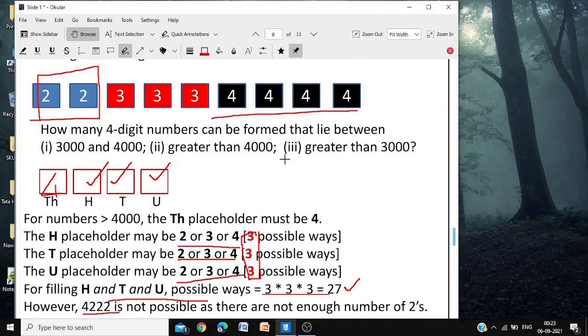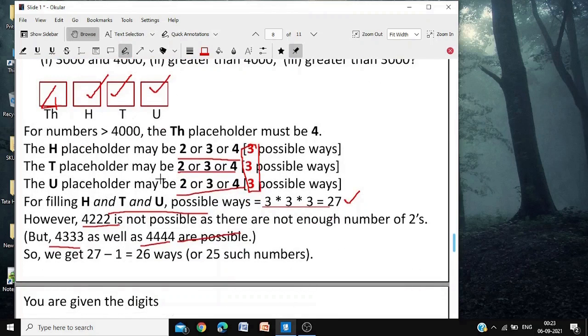We can put 4 in all the places, or we can put 4 and then 3 in the remaining places. So only one number is not possible. So we get 27 minus one impossible number, which is 4222. So we get 26 numbers. 27 minus 1.